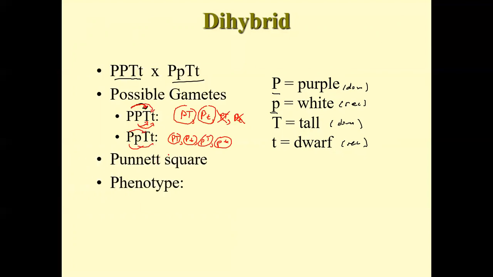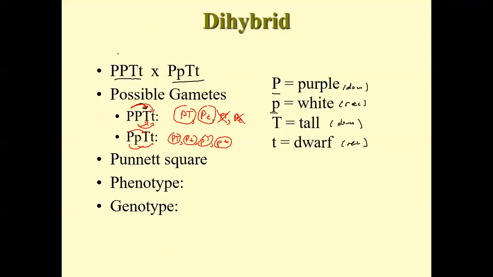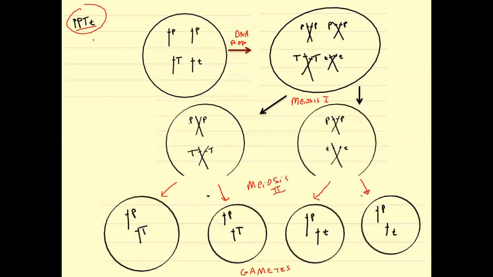Now, in terms of this, we could set this up, and again, I think I have it here in the slide, if this was my possible gametes of this one. This is just showing you a drawing of big P, big T, little t. You could actually kind of see the relationship of meiosis here, and this is helpful, right? So you replicated it out, big P, big P, big P, big P, right? So I refer to these as sister chromatids.